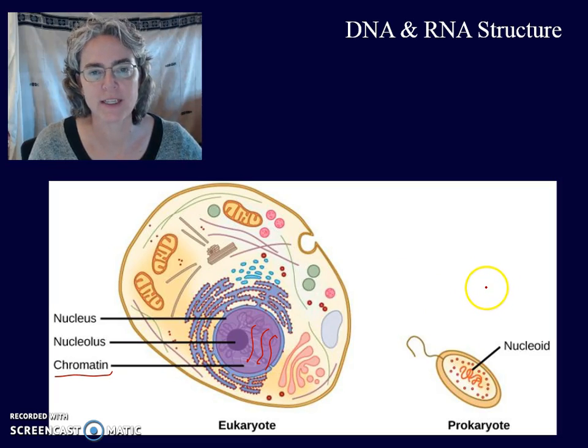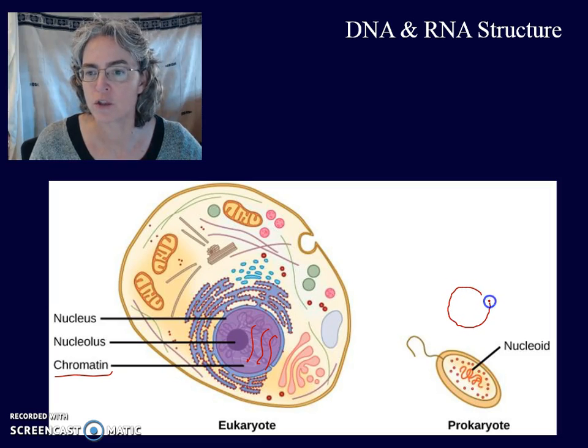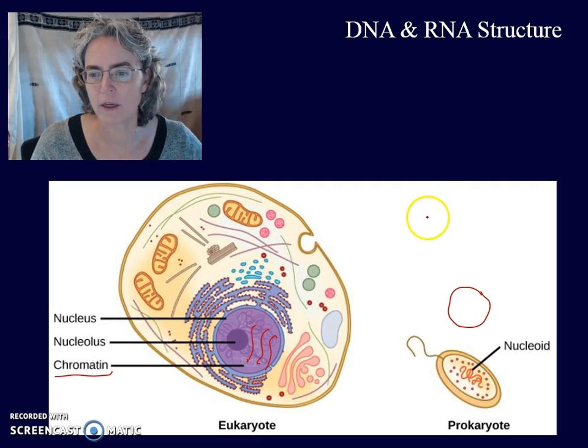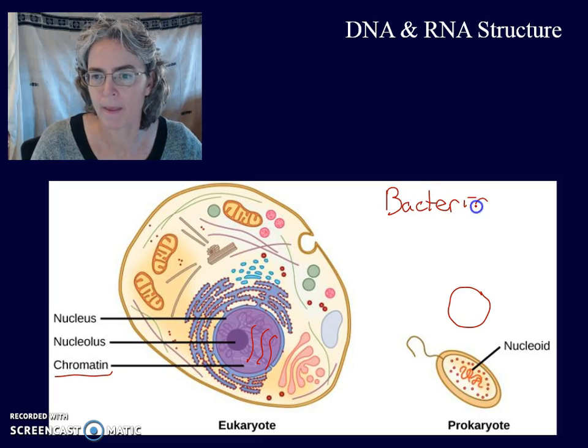In prokaryotes, there's one DNA and it's in circular form. So let's take a look at the two groups of prokaryotes. So we've got bacteria and archaea.